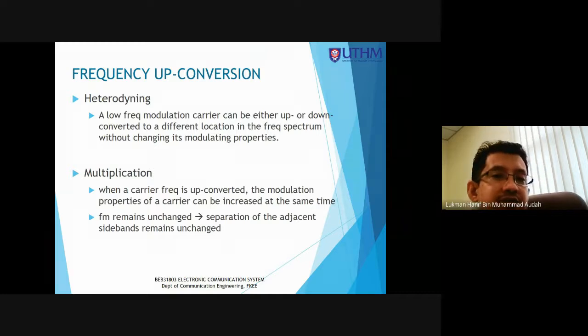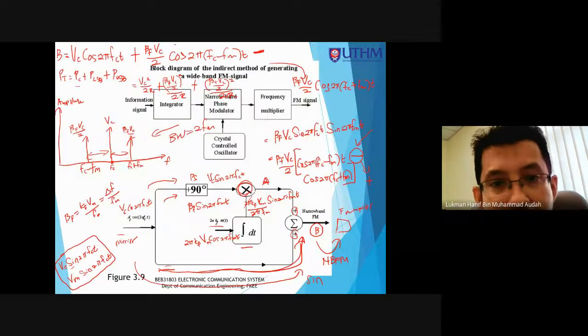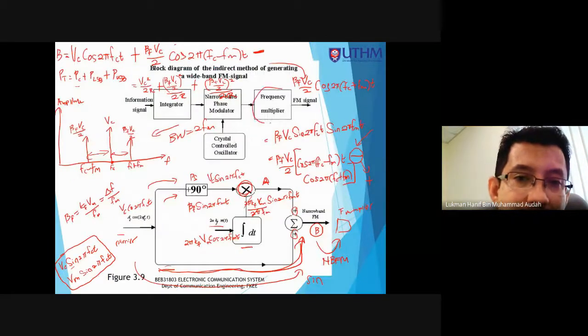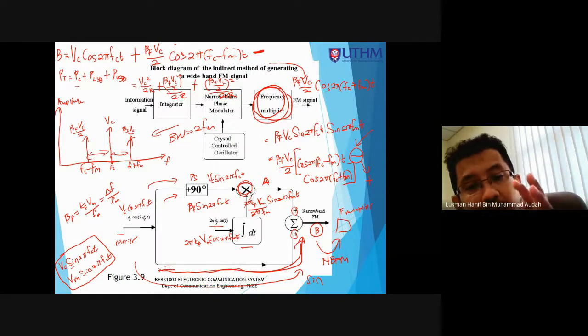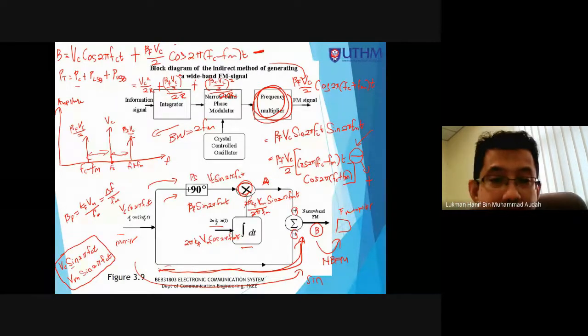So, we're going to see about the process here. Tadi digunakan multiplier. Okay, kalau dilihat gambar ini digunakan frekuensi multiplier. So, proses yang berlaku di sini dipanggil sebagai frequency up conversion. That means we want to increase the frequency.